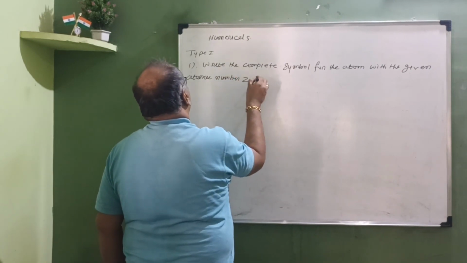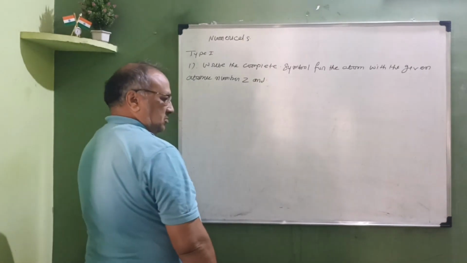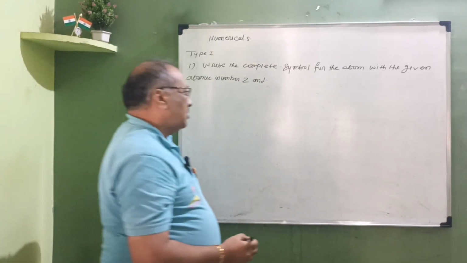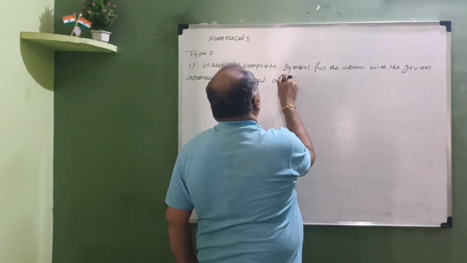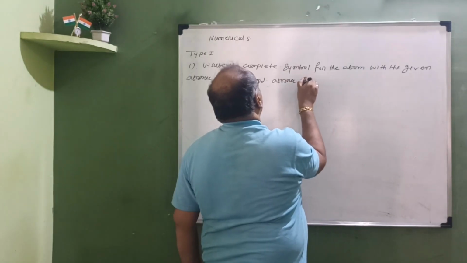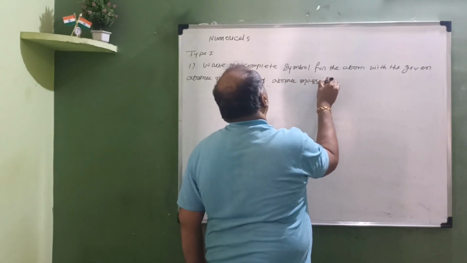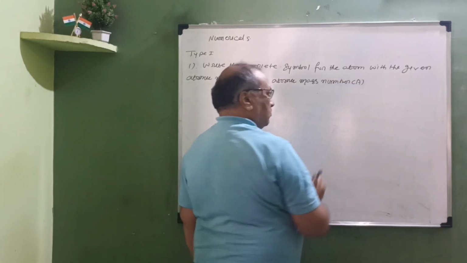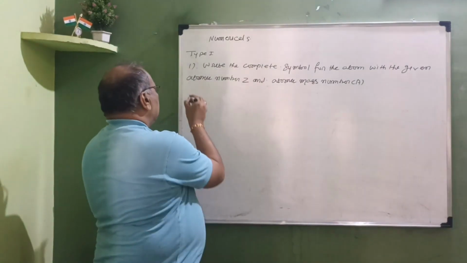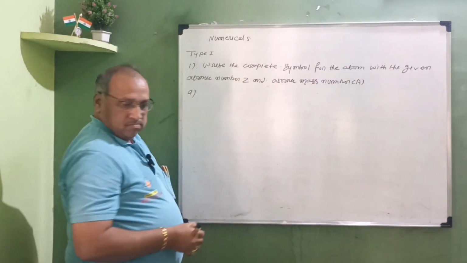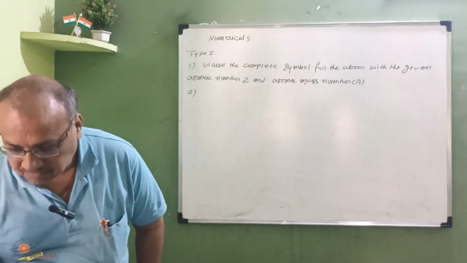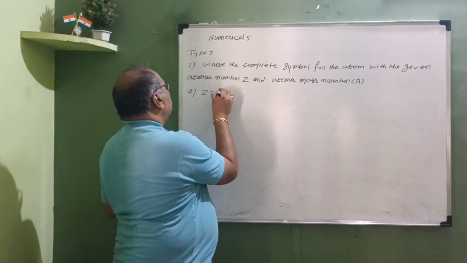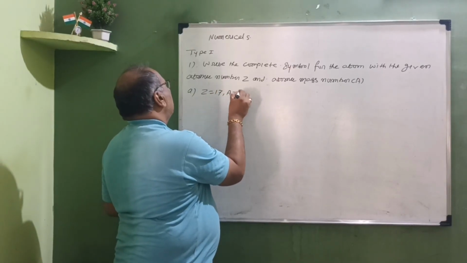Z and atomic mass number, capital A. Here write down A. A, Z is equal to 17, comma, A is equal to 35.